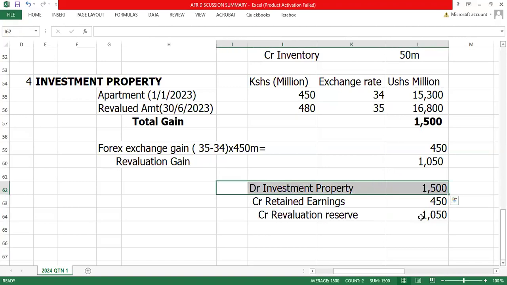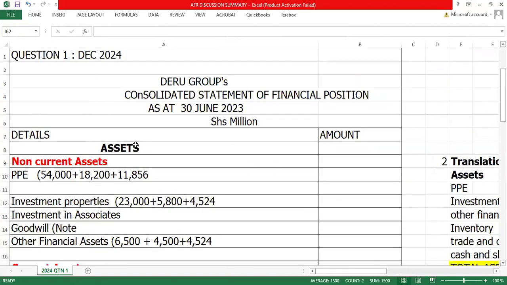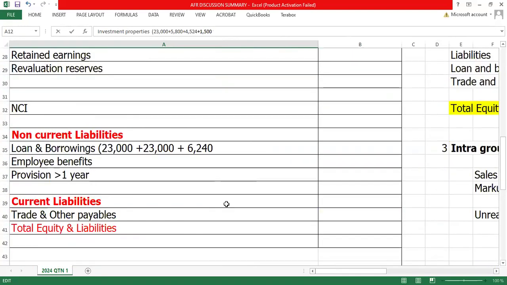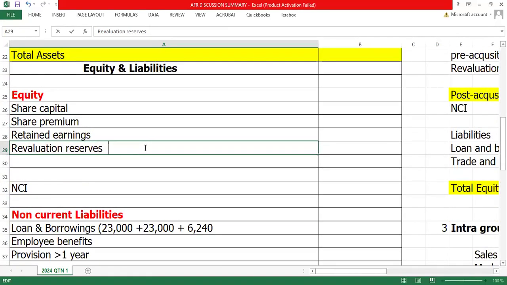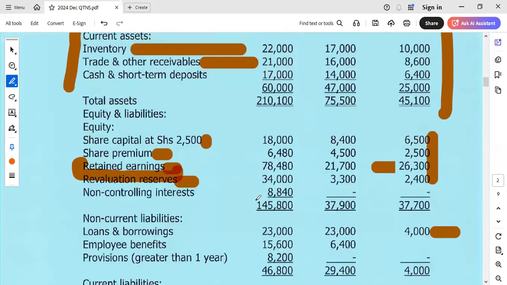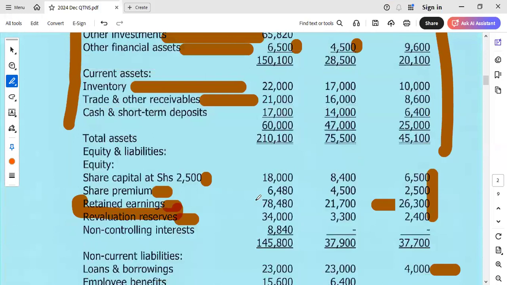So this is what you are going to do. Do you have investment property in your records? Yes. Investment property, you increase it by 1,500. Then what else do we have? Do we have revaluation reserves? Yes. Initially it was what from the question? We had some reserves, 34,000.